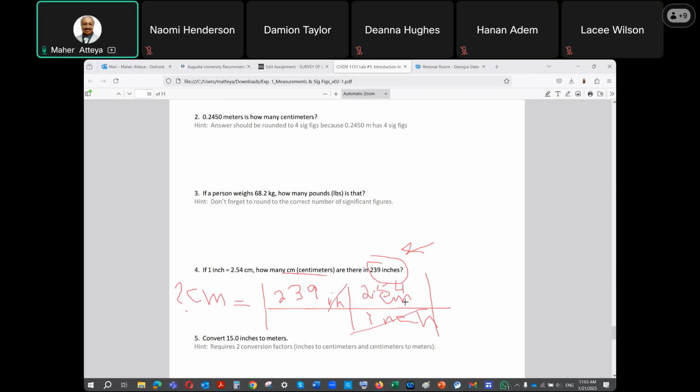Now, 239 multiplied by 2.54, how much is it? Somebody had calculated. It's 239 multiplied by 2.54.